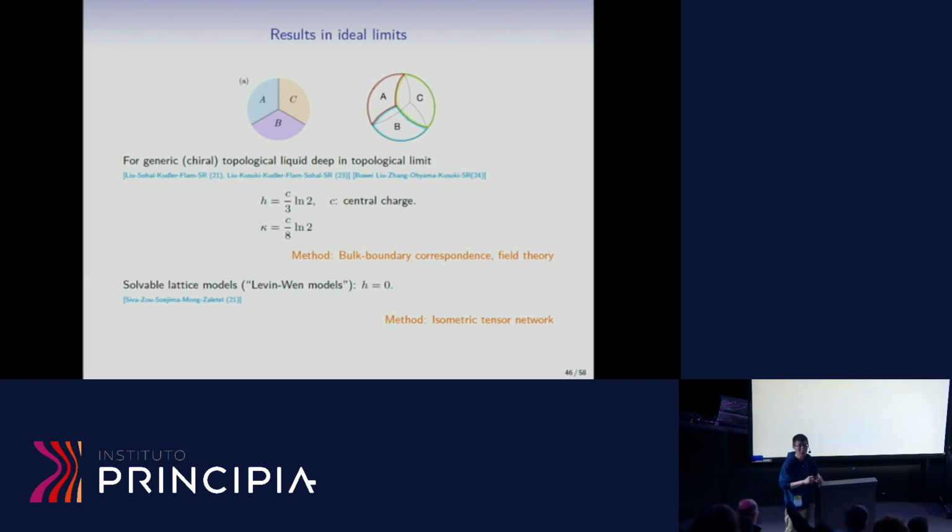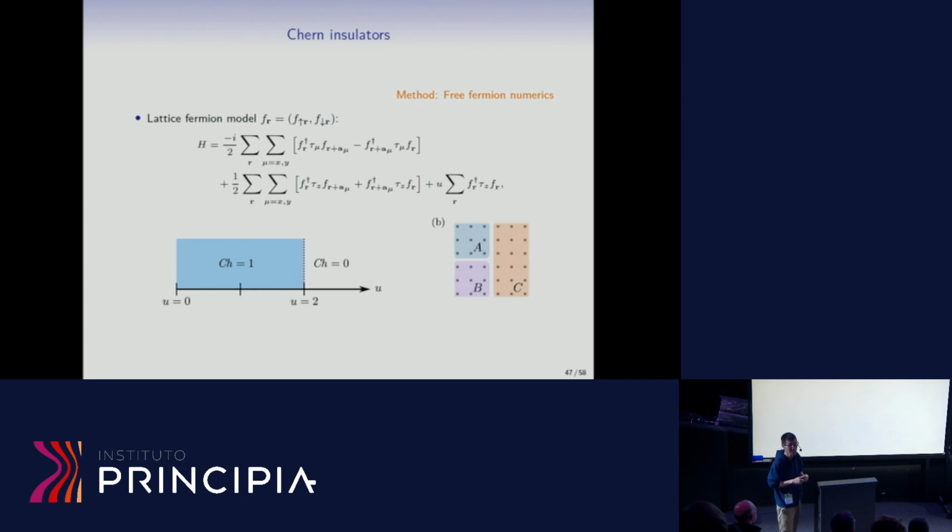I also want to present non-ideal models, which are lattice models, something like this. This is not topologically ordered, but it's a non-interacting lattice model, a fermion tight binding model, where fermions are hopping on the square lattice. This model does not have a topologically ordered state, but it has the Chern insulator phase, which is sort of topological.